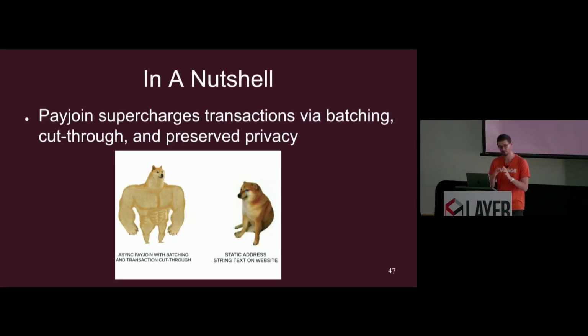And also, Payjoin supercharges transactions via concepts like batching, cut-through, and preserving privacy. We're trying to make transactions more efficient and increase privacy via this peer-to-peer batching protocol.